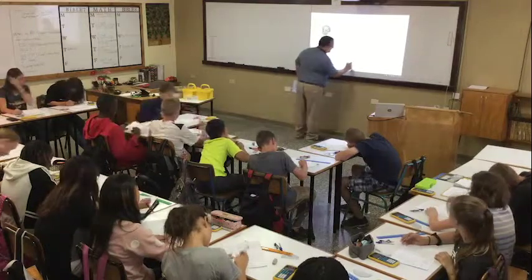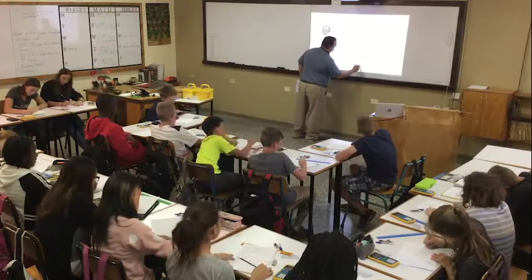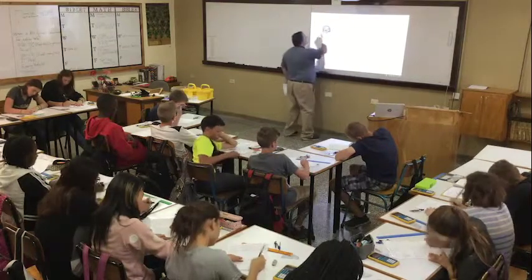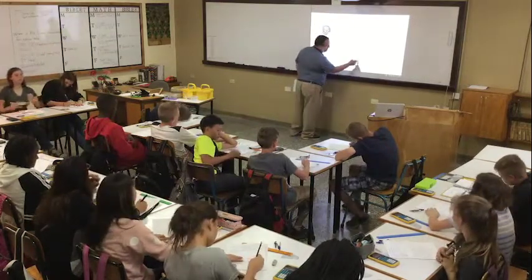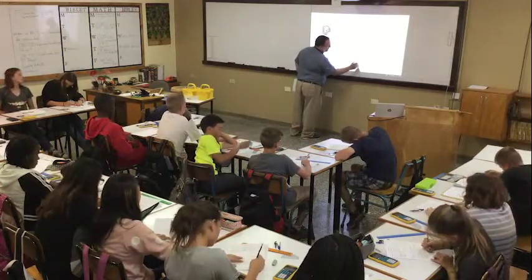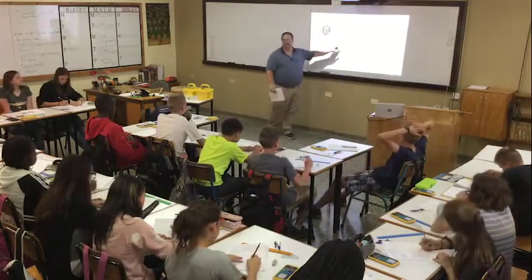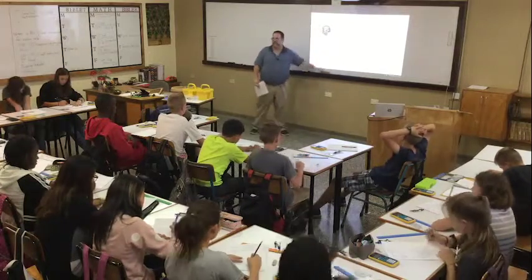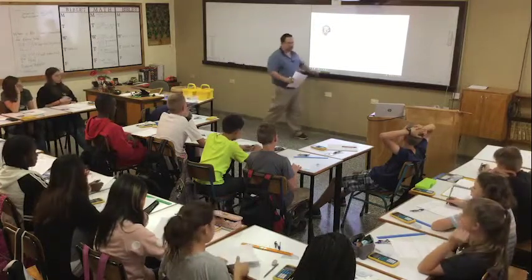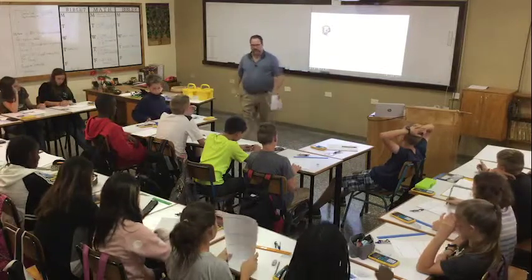So if you have line AB and the midpoint C, and you take your perpendicular line and it forms a 90-degree angle right through the midpoint. It's a special kind of segment bisector, a special kind of perpendicular line called a perpendicular bisector, when it goes right through the middle of your line segment, right through the midpoint. Those are the vocab words that you're going to need to know.